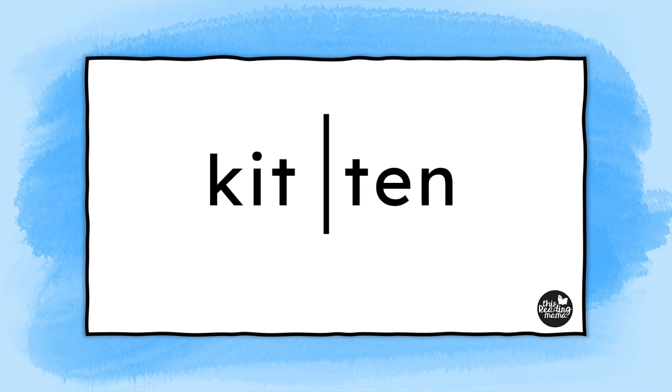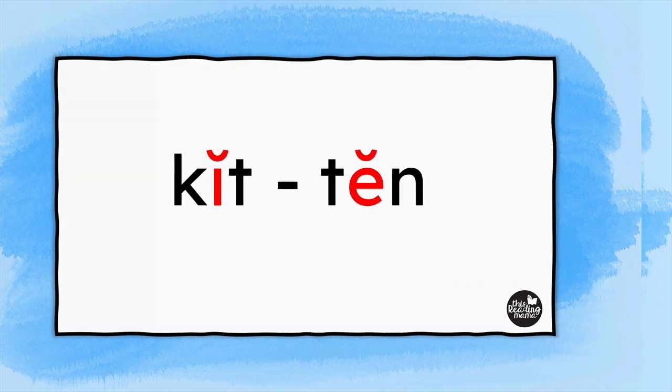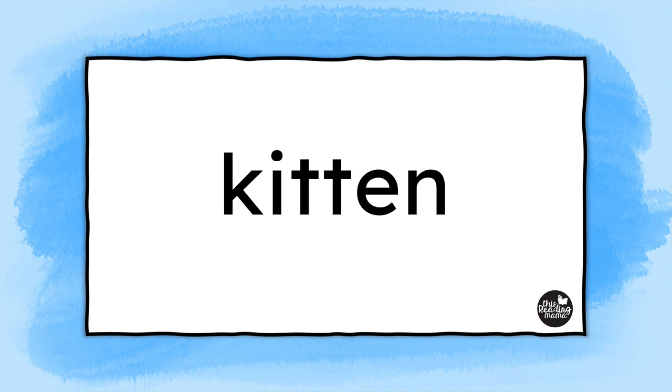Do they have a vowel that's closed in by one or more consonants? And in this case, yes, they're both closed. They both have a consonant on the end that closes in the vowel. And because they're both closed, the vowel will make the short sound in each syllable. Now we have kit, ten, which of course makes kitten.